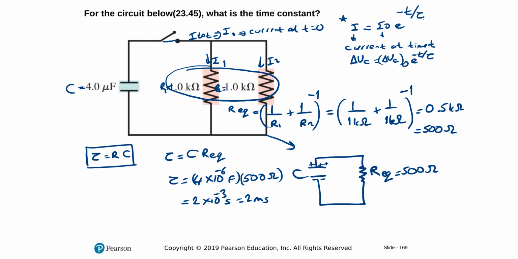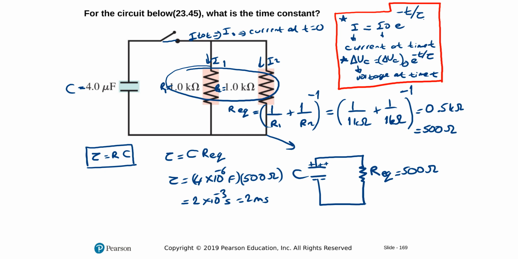It helps us find current and potential difference, or voltage, at time t, knowing the initial values of current and potential difference, or I0 and delta Vc0. Alright, hope this was helpful, and we'll do some more examples.